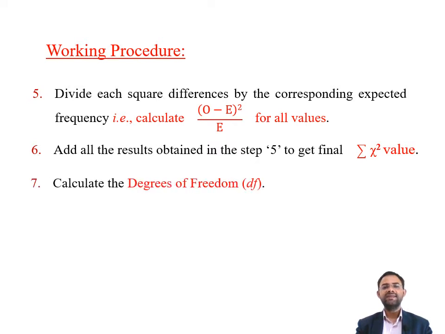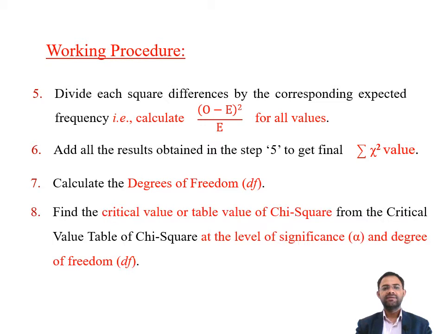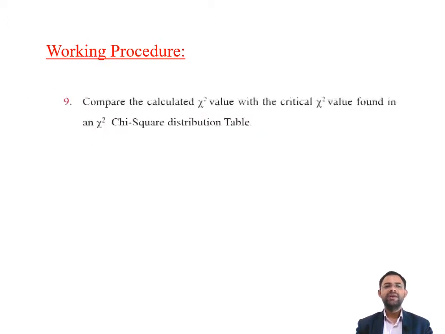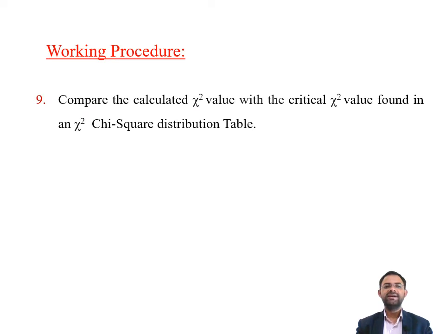Now calculate the degree of freedom. Then find the critical value or the table value of chi-square. For the critical value table of chi-square, use the level of significance alpha and the degree of freedom. Finally, we have to compare the calculated chi-square value with the critical chi-square value found in a chi-square distribution table.